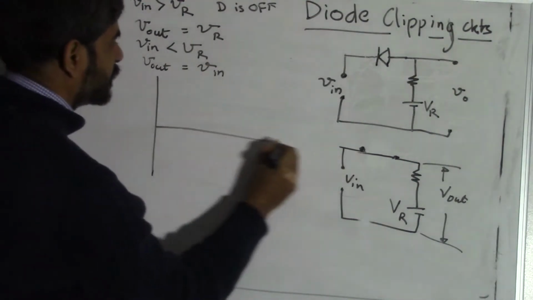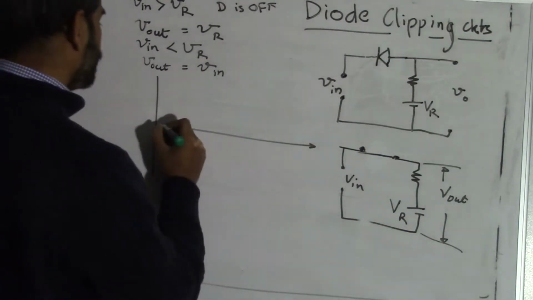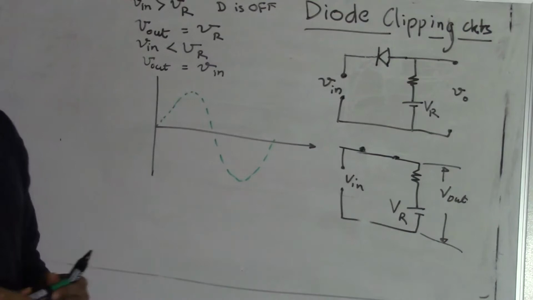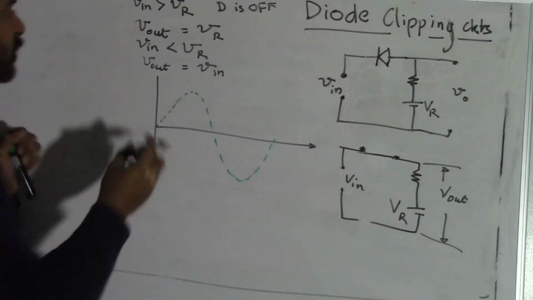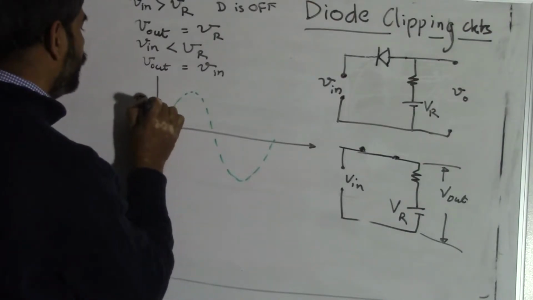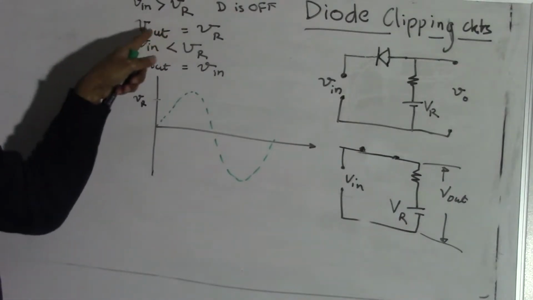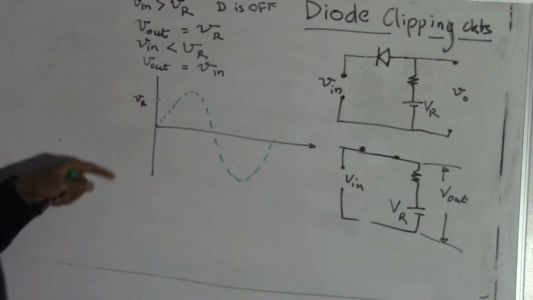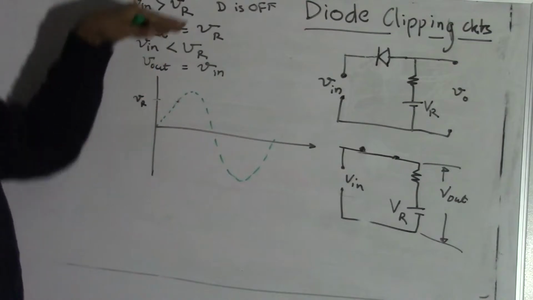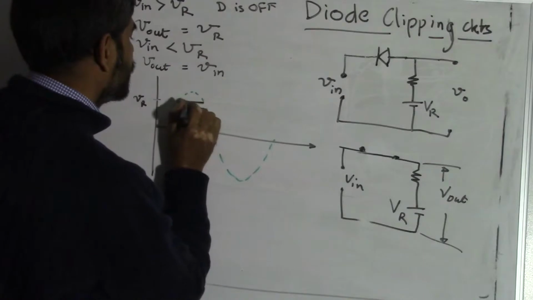And like in the previous example, I can draw a curve showing the input voltage in green, and then what we are trying to see is what happens if this input voltage is less than or equal to VR. So when V in is greater than VR, then V out is VR. So if it is greater than VR, then V out is clipped at VR. So we have this as the output voltage.